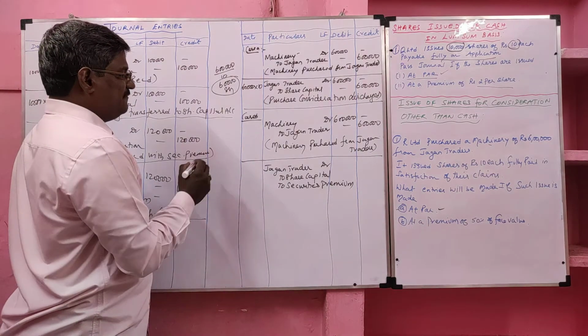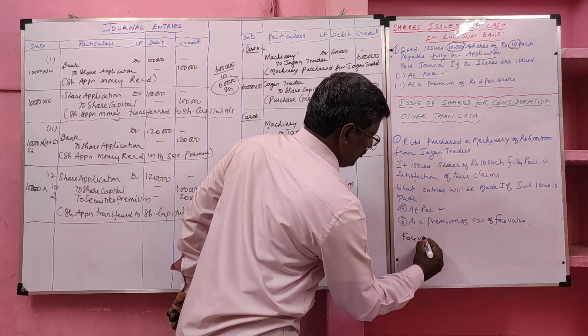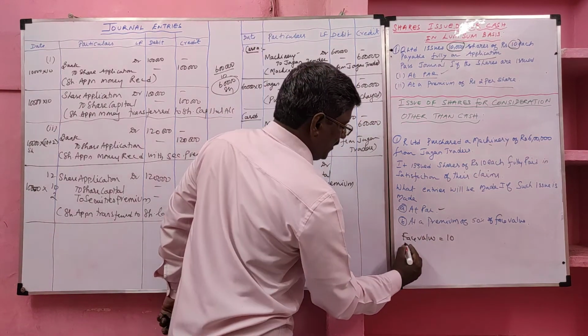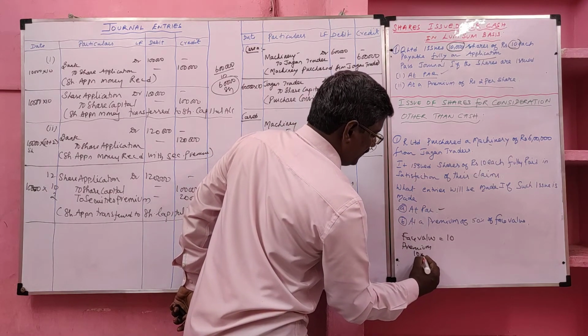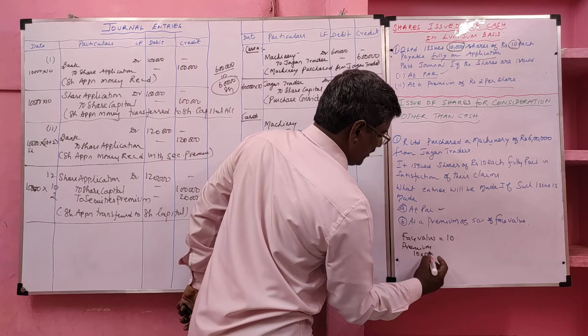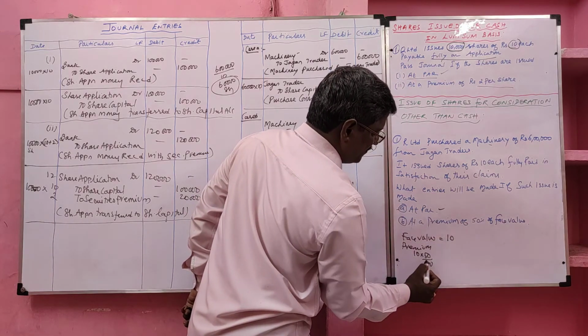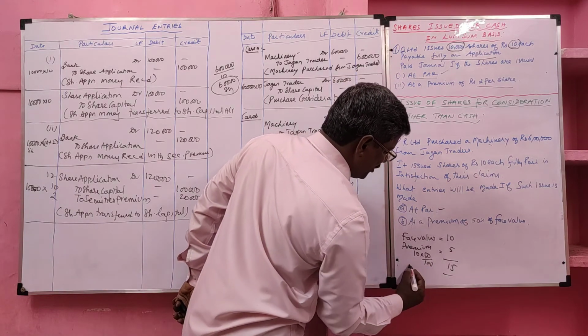Listen students, the face value of the share is rupees 10. Premium is 50% of the face value. So face value 10 rupees, 50% how much? 5 rupees. So 15 rupees is the issue price.